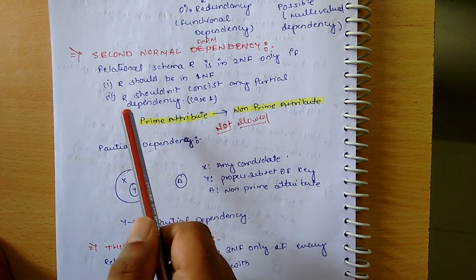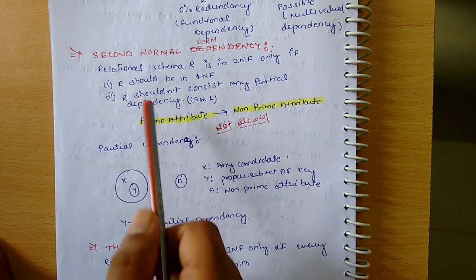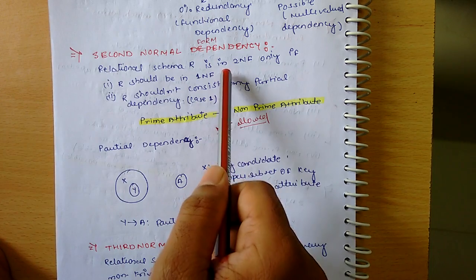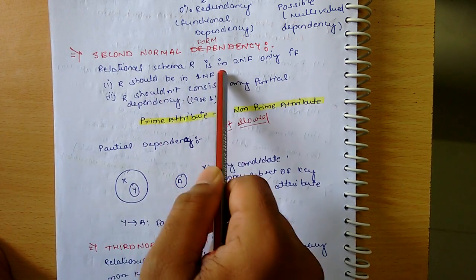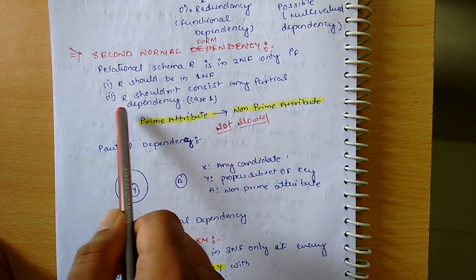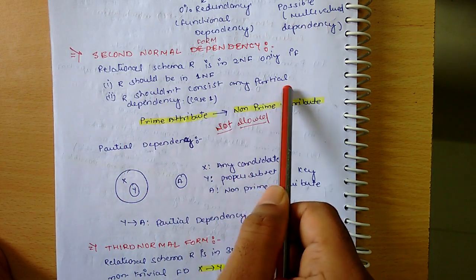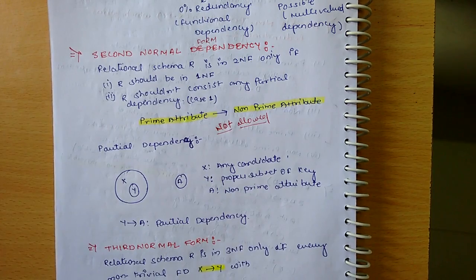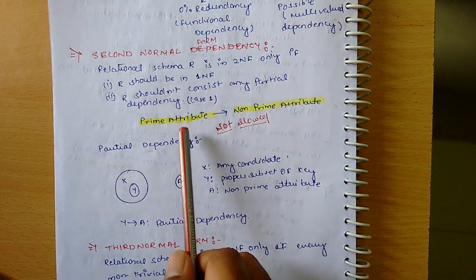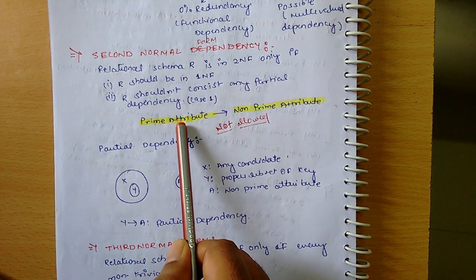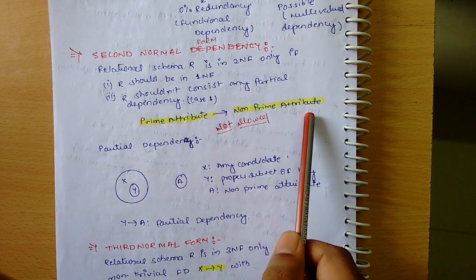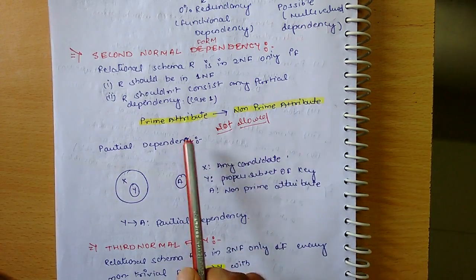Okay. For a relation to be in second normal form, relational schema R should be in first NF first of all, and R should not contain any partial dependency. Okay. So what is partial dependency? If a prime attribute derives a non-prime attribute, then this is called partial dependency.